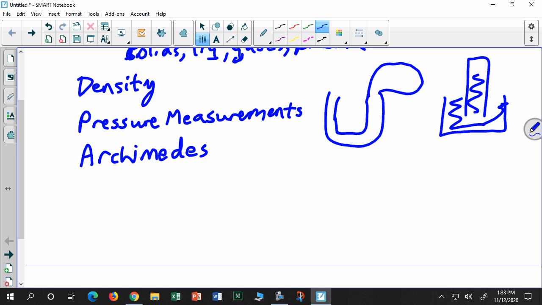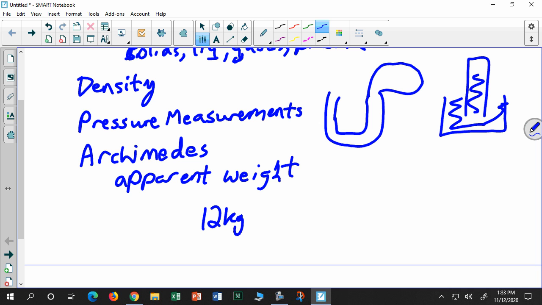Something that's on the test that's not commonly on other exams is the concept of apparent mass or apparent weight. Those of you that are in lab have done this, but let me just do a quick primer on it. If I have an object that has a mass of 12 kilograms, that's a measure of the matter that's in that object.